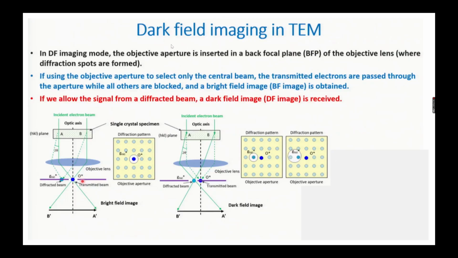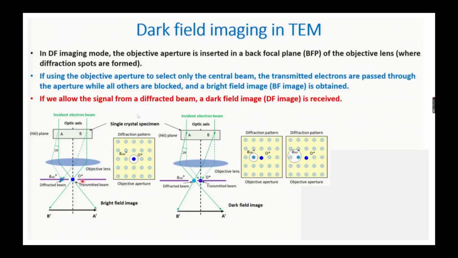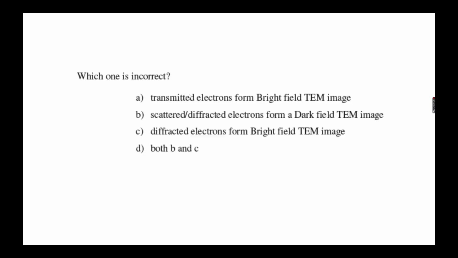So here in the slide you will see dark field imaging in TEM, because this is just asking about which one is incorrect. You can see the transmitted electrons that in the previous lectures you have seen in the bright field TEM image, and you can see the diffracted, or the scattered, electrons from a dark field image in a TEM image.